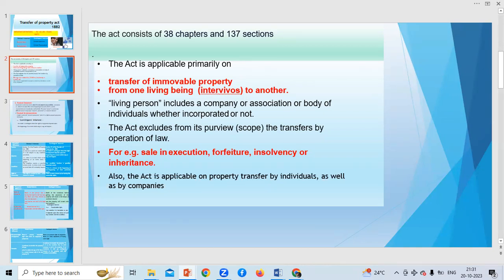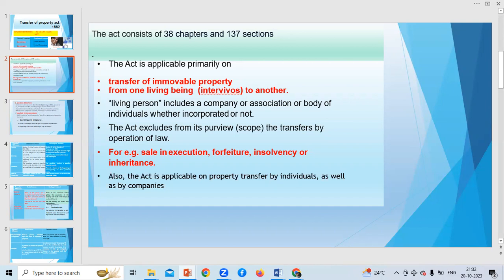So transfer of immovable property from one living being to another, and that too, living person includes company, association, or body of individuals, whether incorporated or not. The Act excludes from its purview the transfer by operation of law, because it is not giving any revenue to the government.